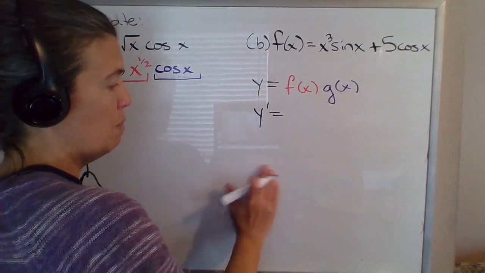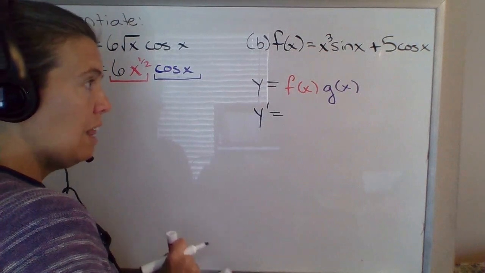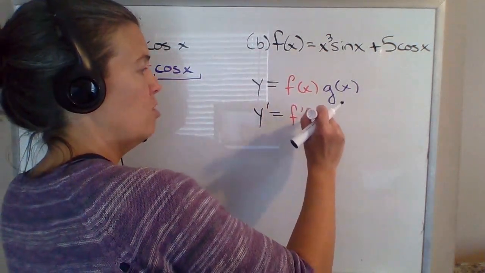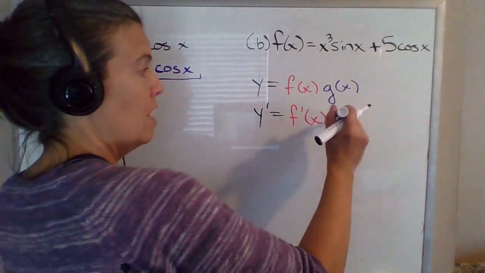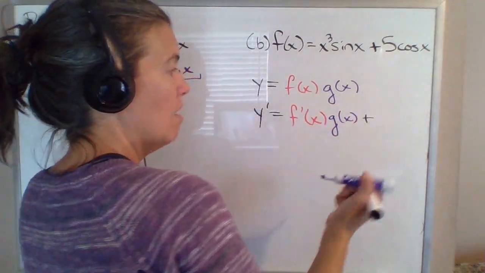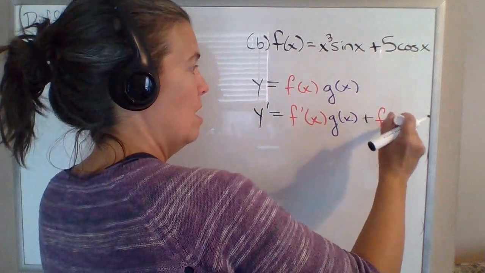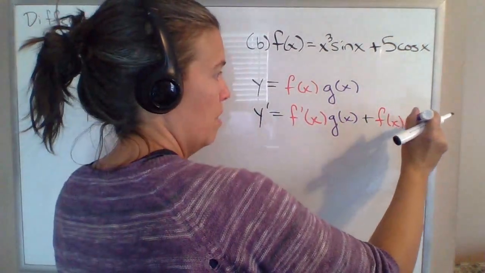My point is that we don't have to worry so much about order with the product rule. The main thing is that you differentiate one part at a time. So say we differentiate that first part of the product first, so I take f prime, then I should leave the g of x alone, and then it's plus, and then you flip it. So now I'll leave the f of x alone and differentiate the g of x.